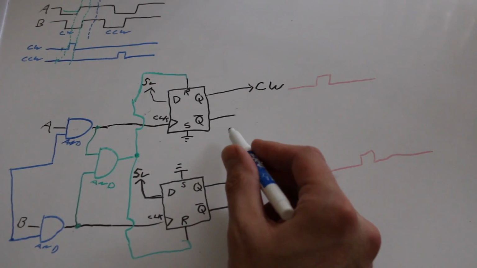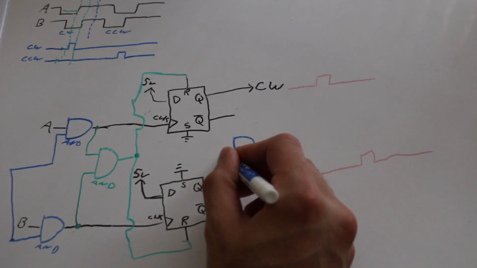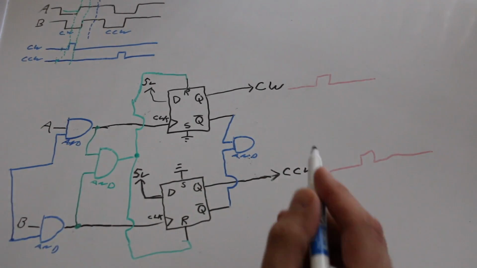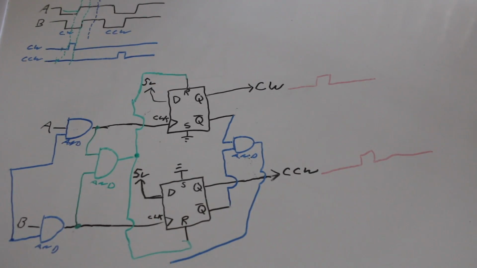So if we put an AND gate here, and we take the Q bar of each of these flip-flops, we take the output, bring it down, and use it as a gate enable sort of on these other input AND gates.